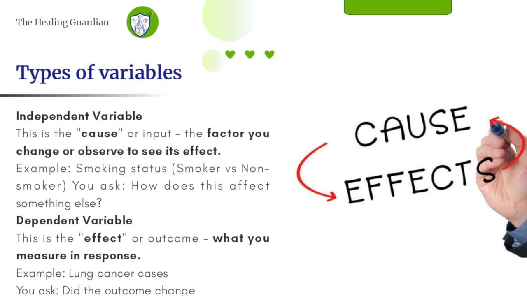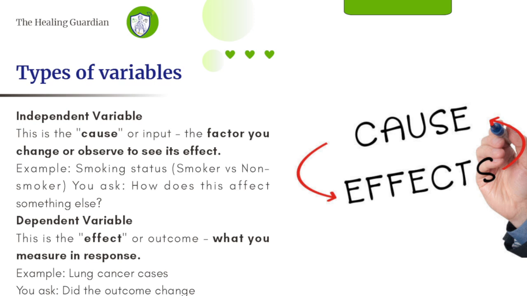Another way of putting it is that the factor that you increase, in other words, to see an effect, is an independent variable. The exposures many times are the independent variables. And the dependent variable is the opposite. It is the effect. As you have been looking at smoking, what is the effect?